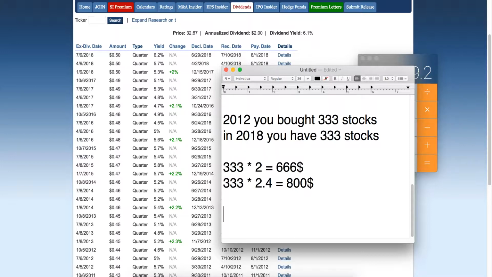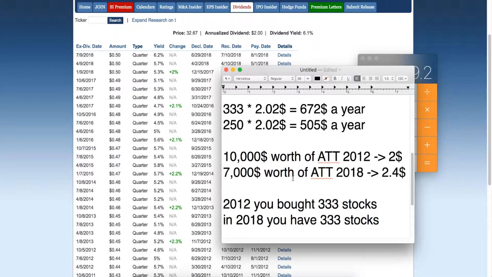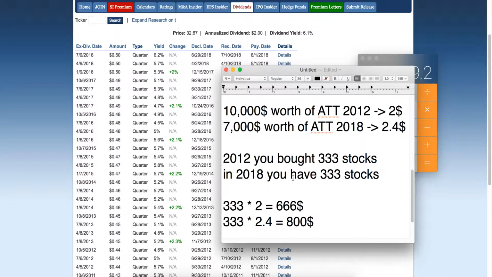It's not only the starting yield, which is obviously also very important, but as you are compounding your gains from dividends, and as the company increases dividends at high rates, that massively affects your returns. And by holding a stock like 10 years, for example, you see how that affects you, especially when we're talking about stocks that have high dividend growth rates. So they increase dividends at higher rates.